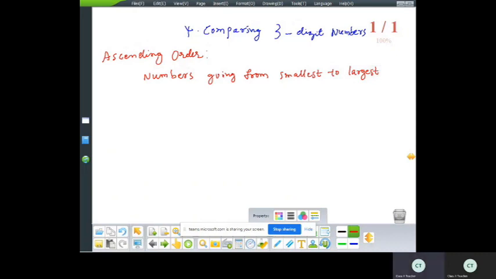Ascending order means numbers going from smallest to largest. It is also called increasing order.